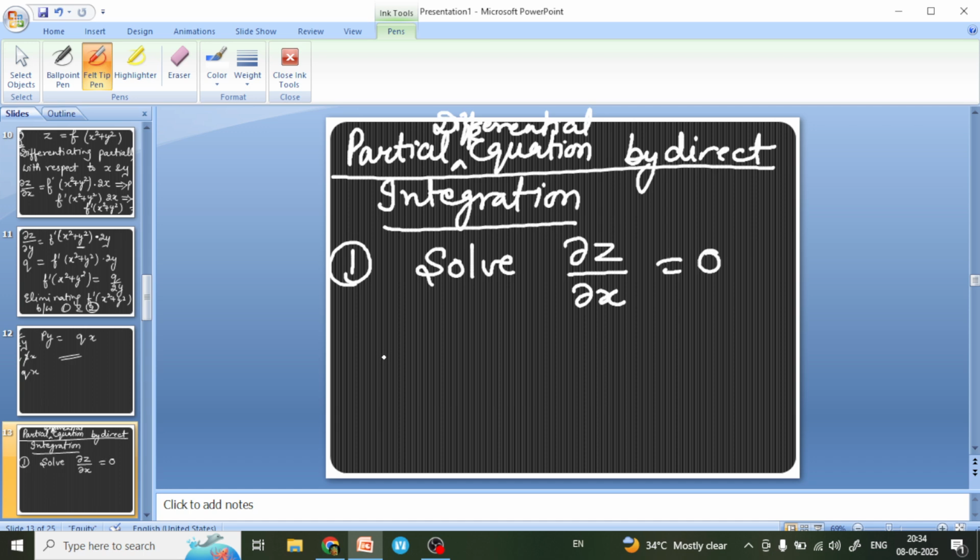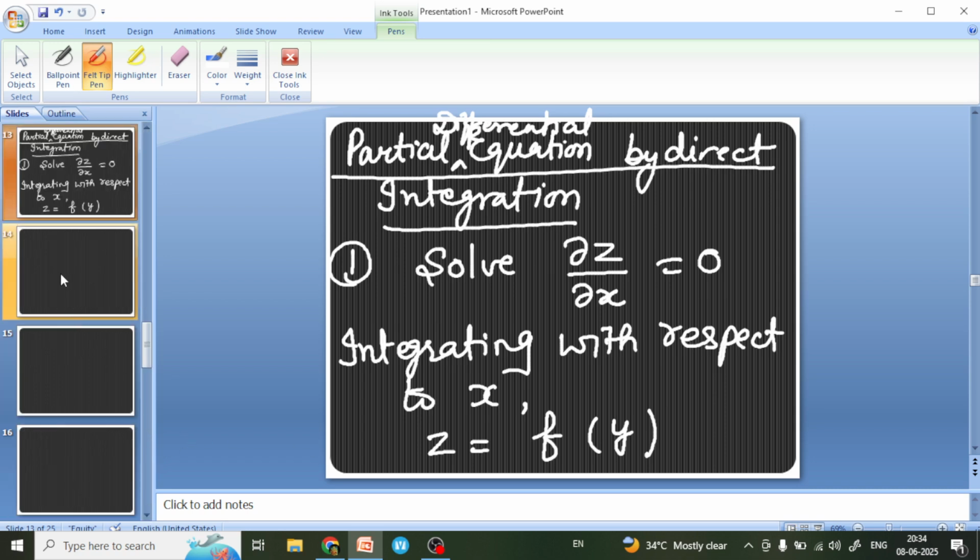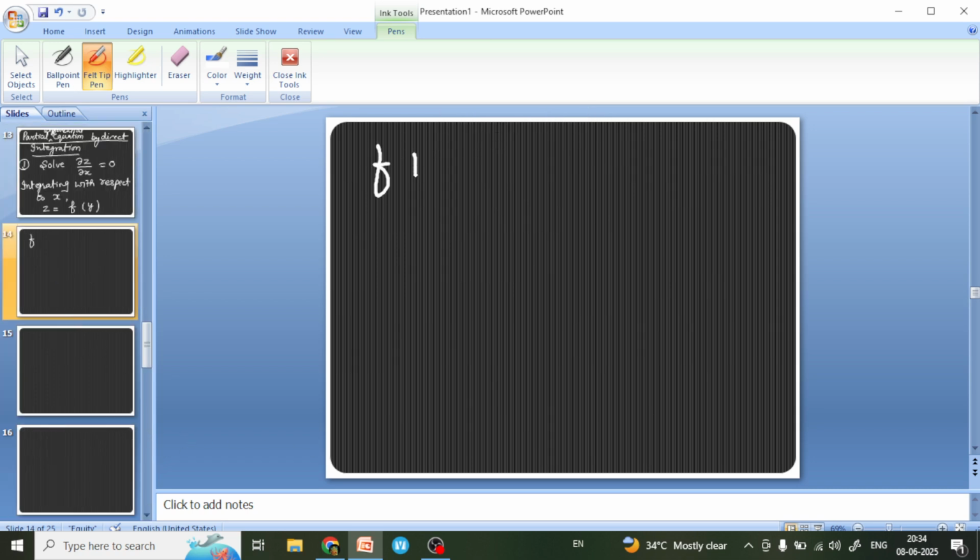This is the given equation. First, integrating with respect to x, we get z is equal to a function of y, and here f is an arbitrary function.